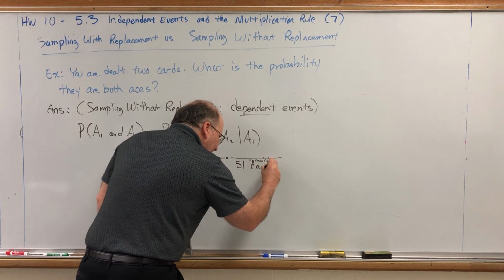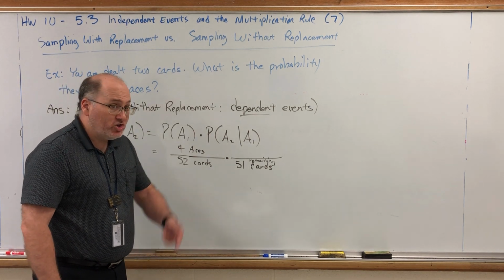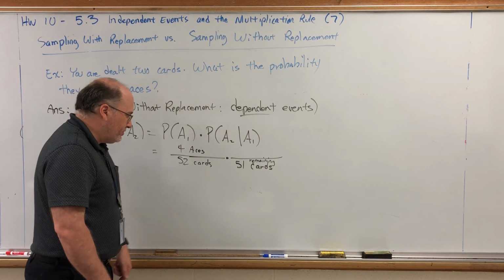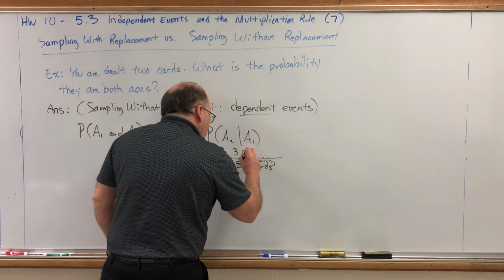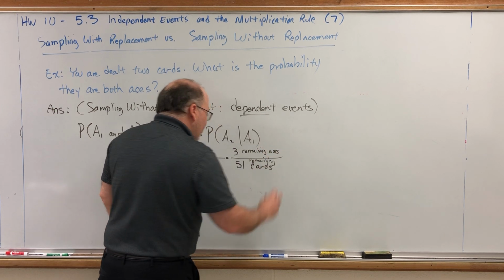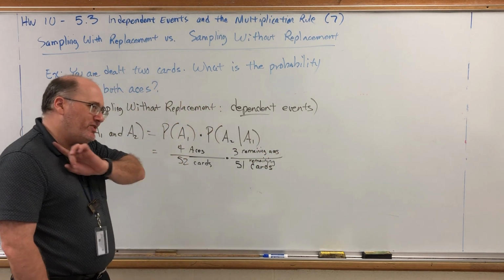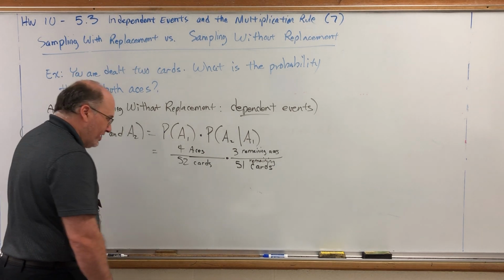Of the 51 remaining cards, how many remaining aces are there? It's not 4 because you already have one of them. So there were 4, you have one of them, which means now there are 3 remaining aces. And again, this is specifically because this is without replacement. We did not put the first card back. It's gone. So is one of the aces.